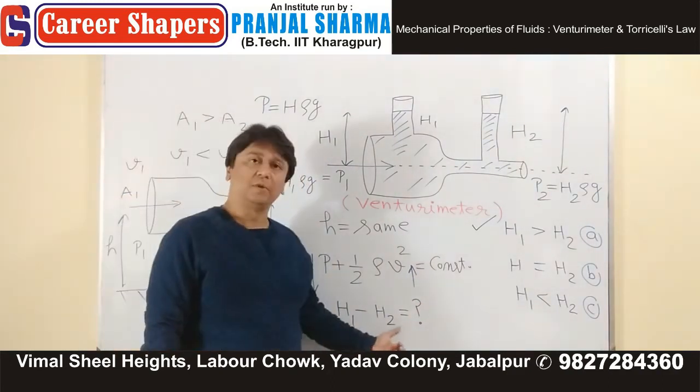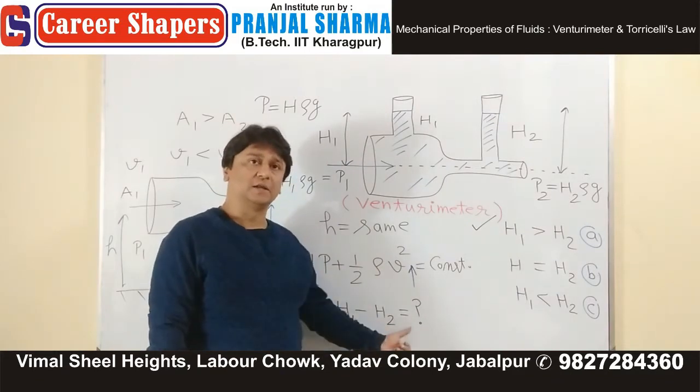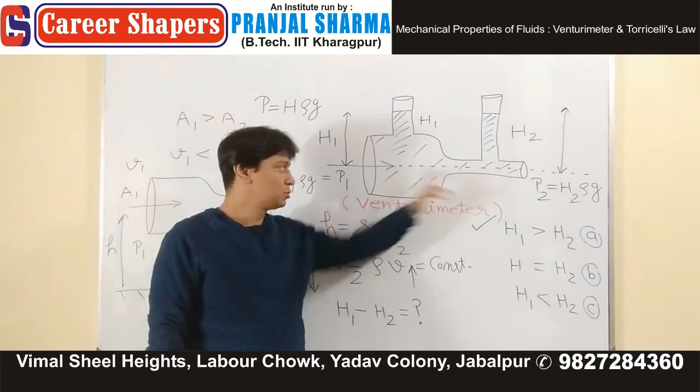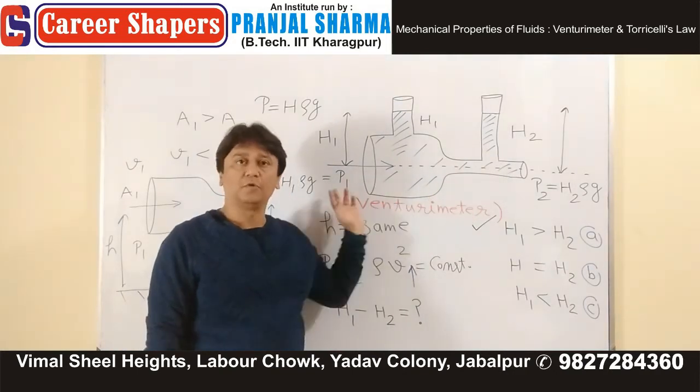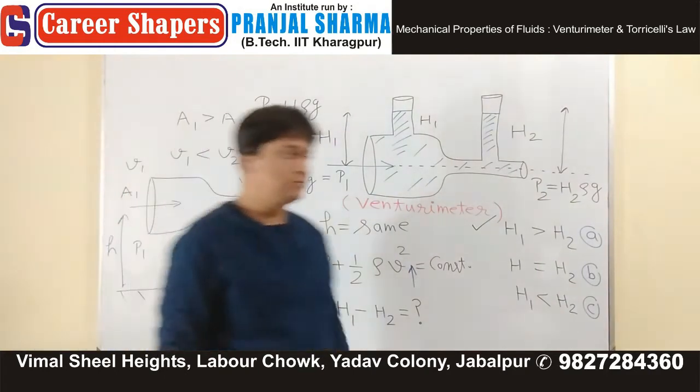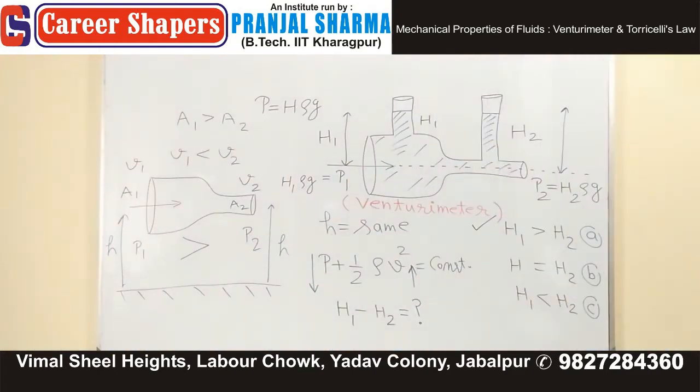We have been given speeds at both cross sections in the form of V1 and V2. Try to answer H1 minus H2 in terms of V1 and V2. It's an elementary task. Everybody can answer this.